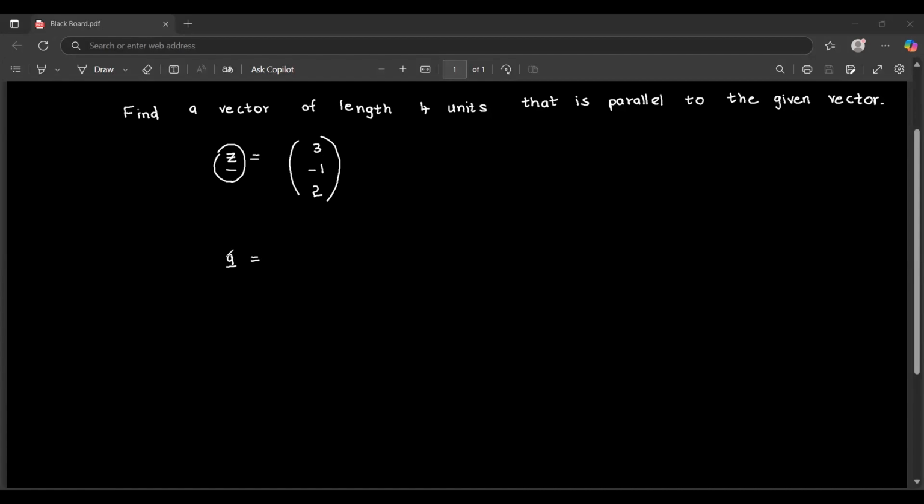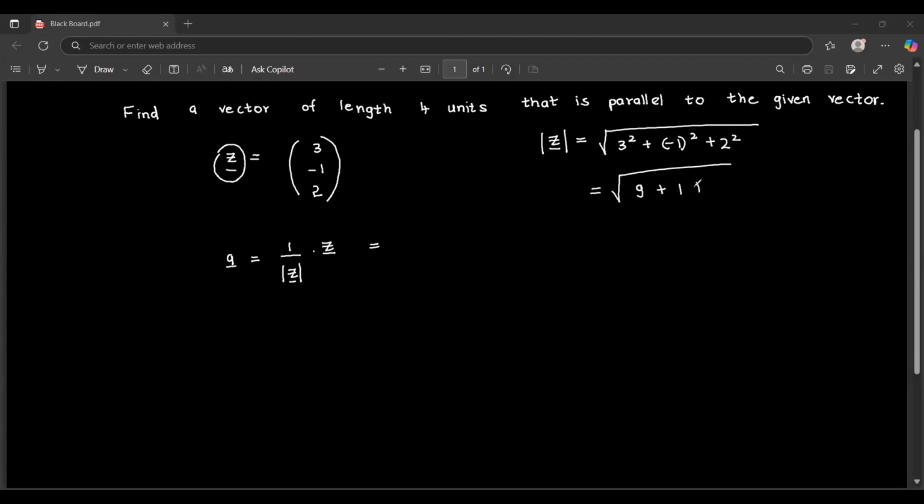So a will be equal to 1 over the modulus of z, times z. First, we find the modulus of z. It is the square root of 3 squared plus (-1) squared plus 2 squared, which is the square root of 9 plus 1 plus 4, so the square root of 14. So a is equal to 1 over the square root of 14 times (3, -1, 2).